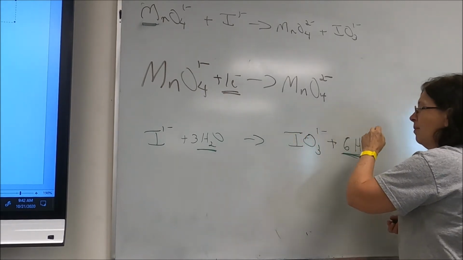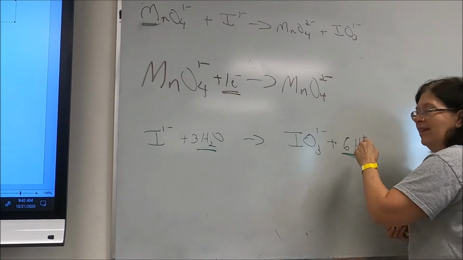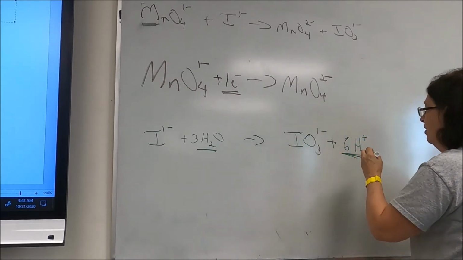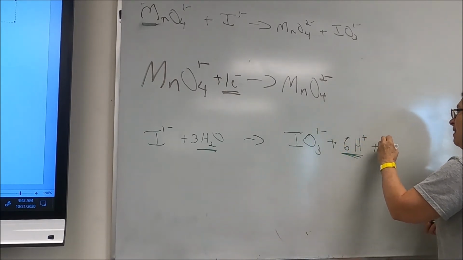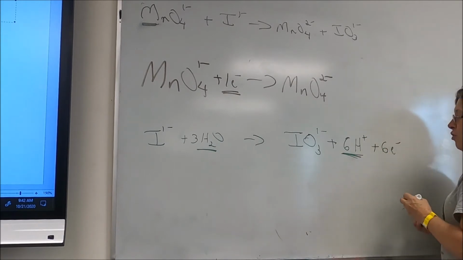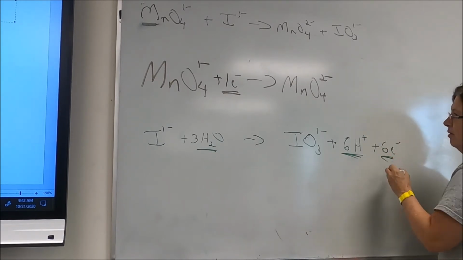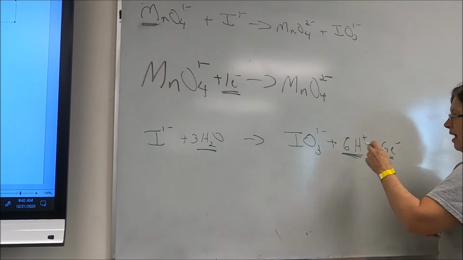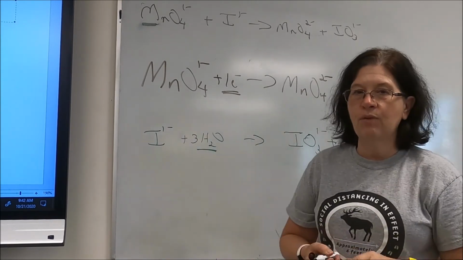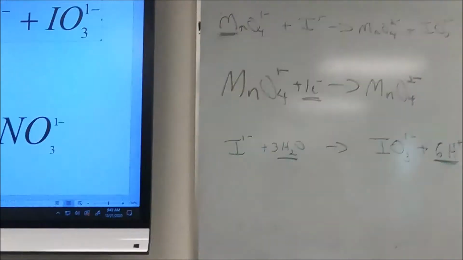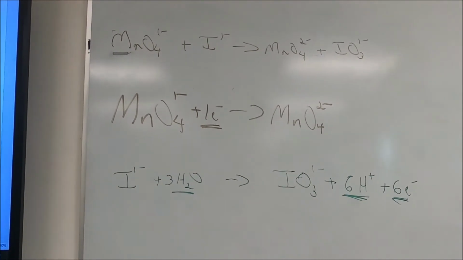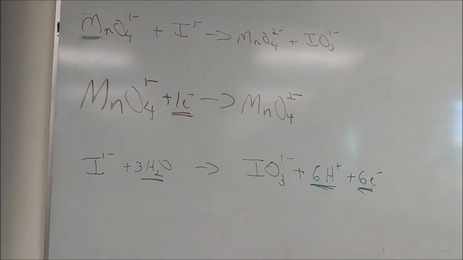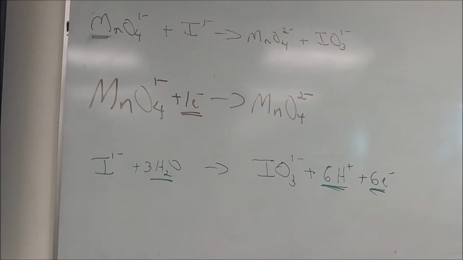So right now, I'm up +6 on this side. So I'm going to need to add in 6 electrons. Okay? So that I have a net -1 charge on both sides. Okay? So there's my 2 half reactions.